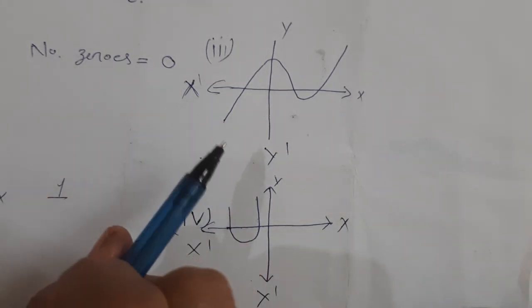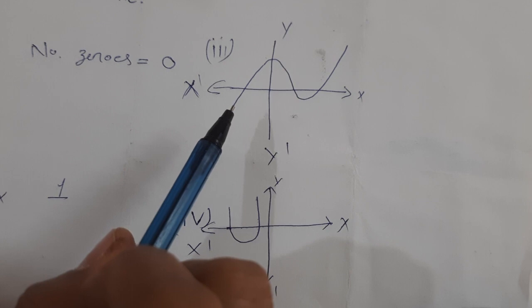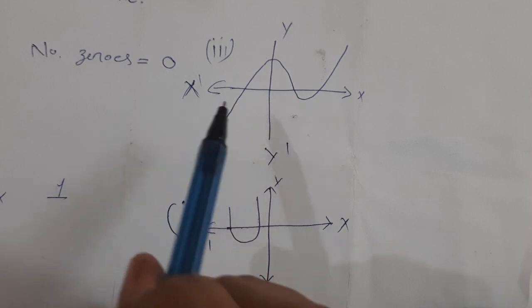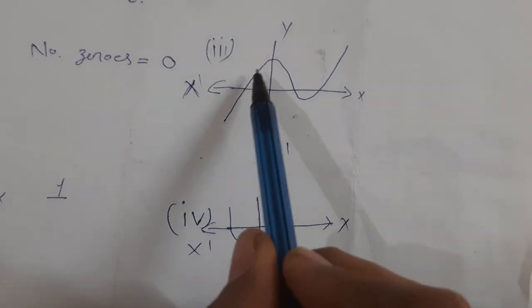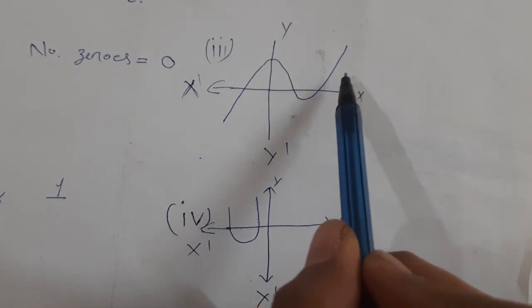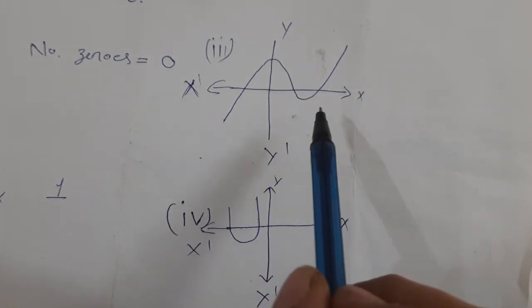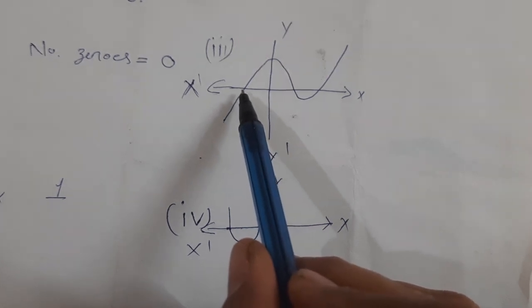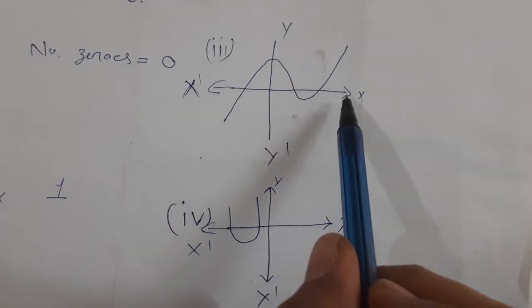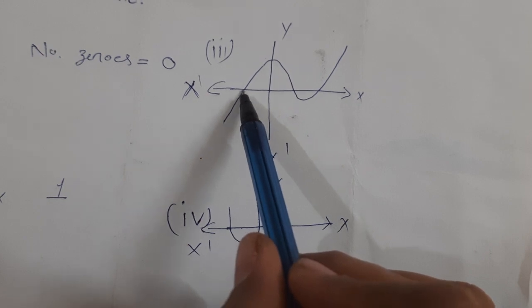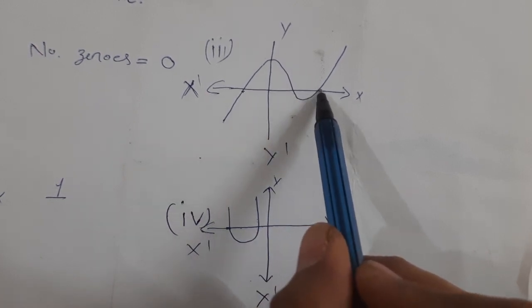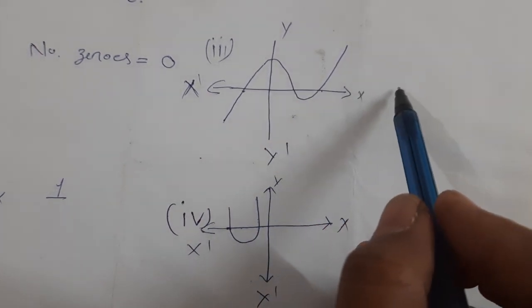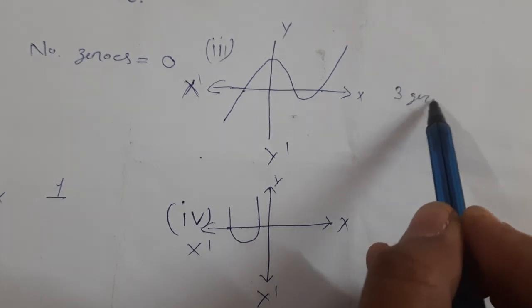We observe the graph in question number 3. We can see a graph of this type. We observe that the number of intersection points on the x-axis is 1, 2 and 3. So this polynomial has 3 zeros.